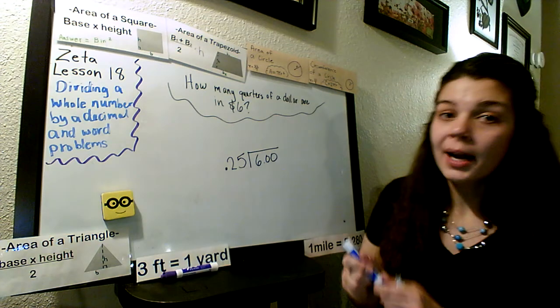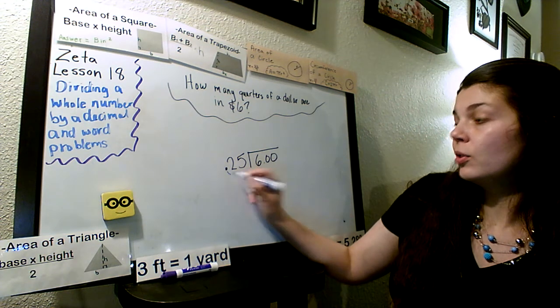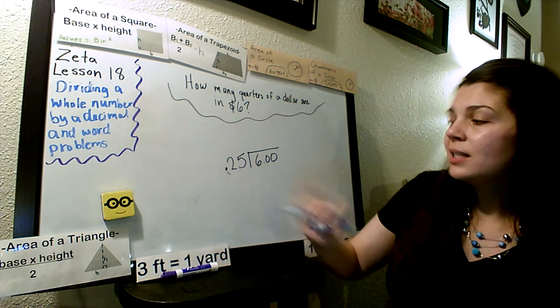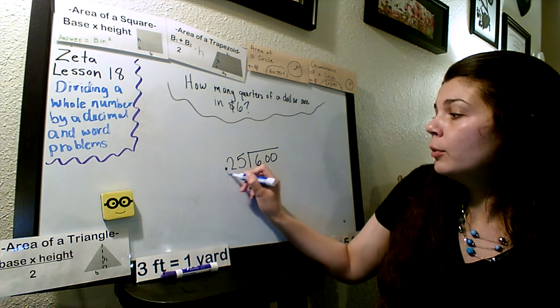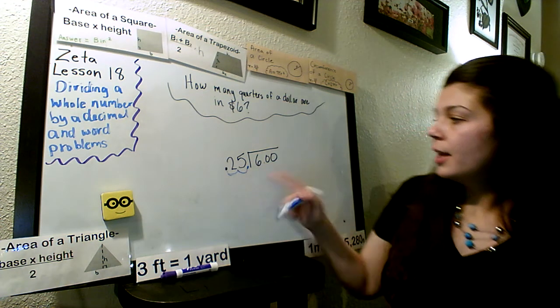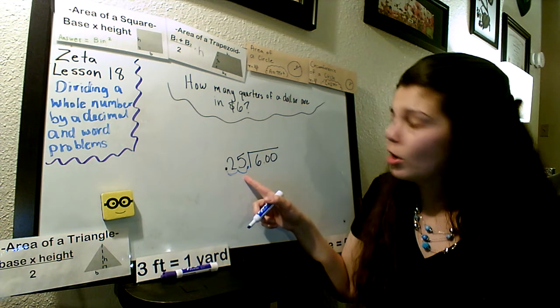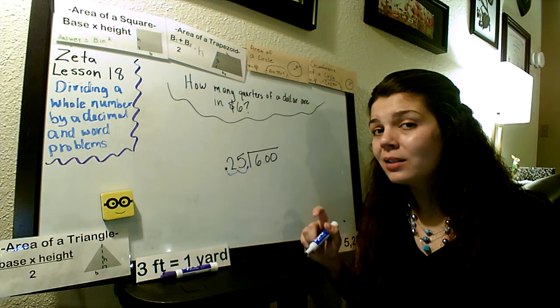If you are dividing by a decimal, you can move your decimal as many times as you want. In this specific one, we want 0.25 to be a whole number. We're going to move it 1, 2 times. If I do it to one side, just like how we did fractions and solving for unknowns, I have to do it to the other side as well.